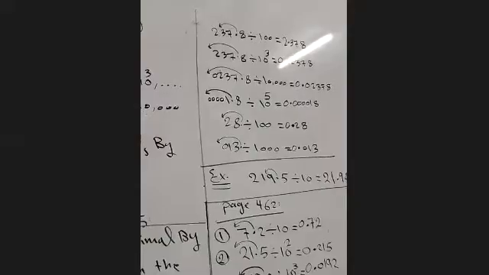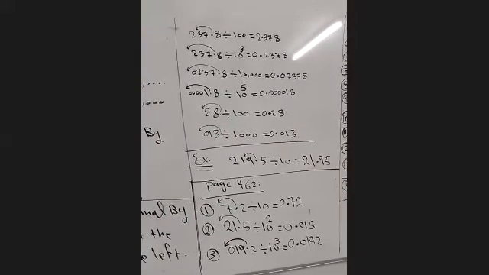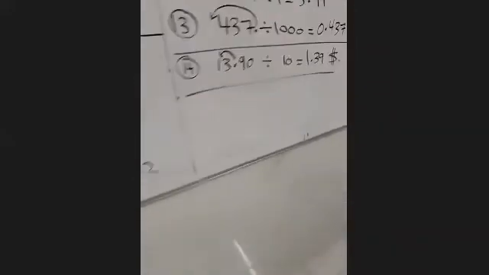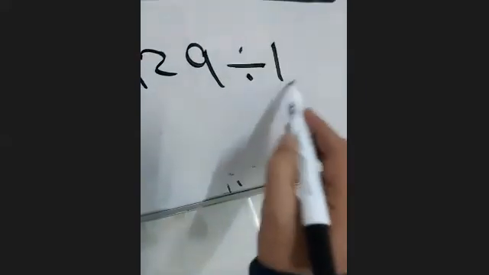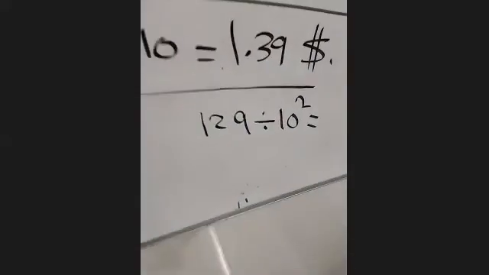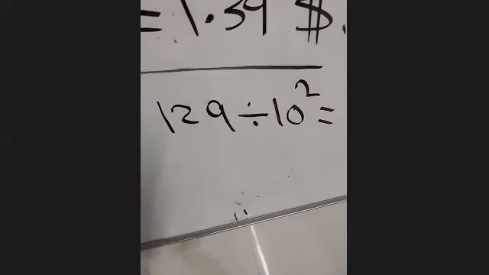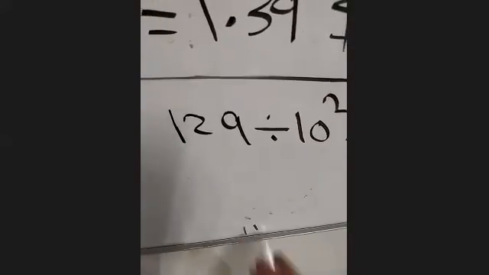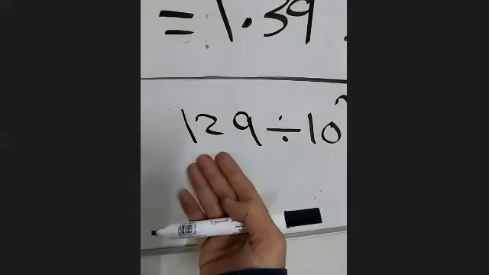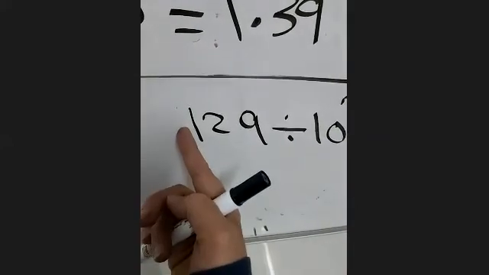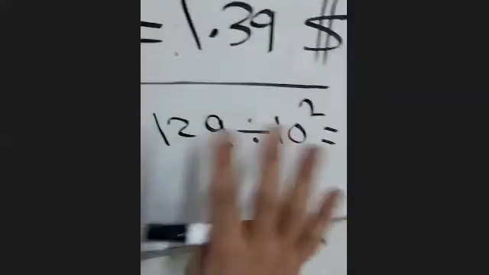Rawad. Mister, yes. If I have a number like 429 divided by 10 to the power 2, I don't have a decimal. Can I put it here between 2 and 9, or do you want to put it at the end? No, wait.